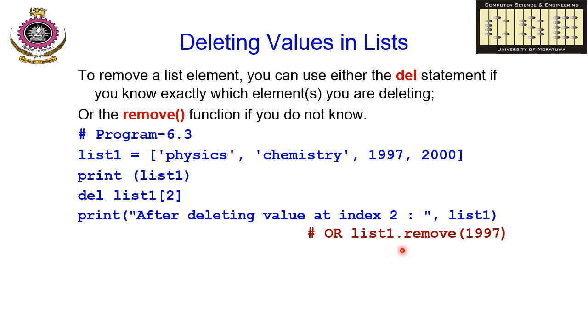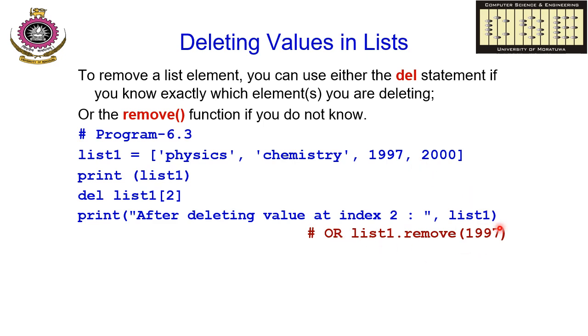Or this can also be done in an alternative way using the remove function. When you use the remove function, you need to call it by list.remove, and within parentheses you need to provide the item. You don't provide the index for this; you have to provide the item. So the item is 1997.